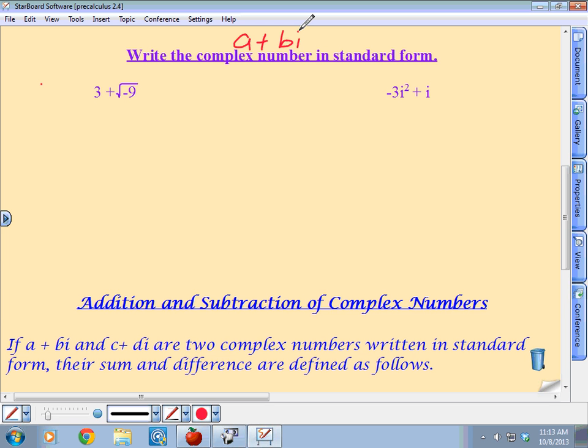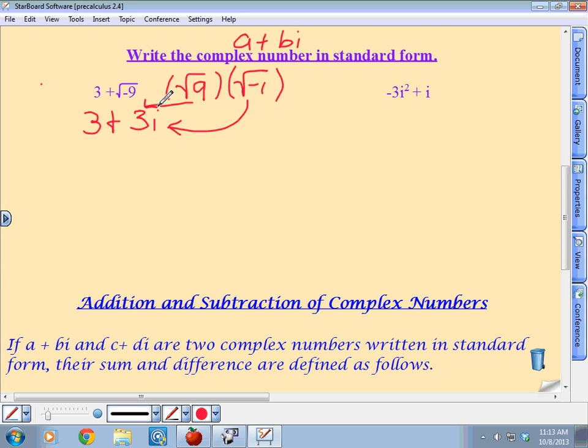So it's 3 plus, I'm sorry, 3. Because that is the square root of 9 times the square root of -1. This is i. This is 3.